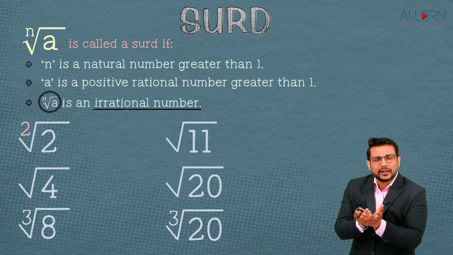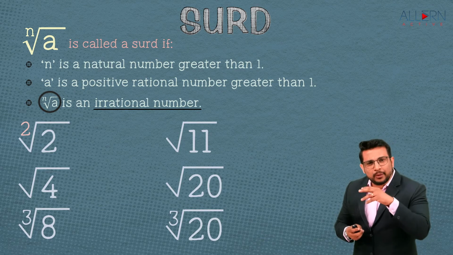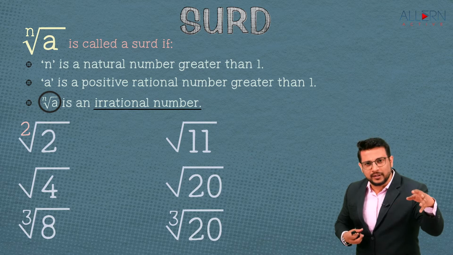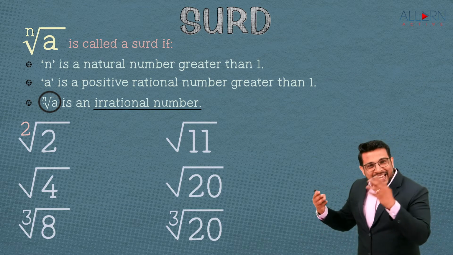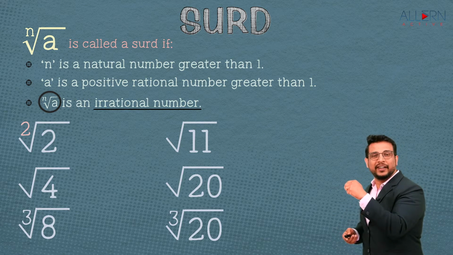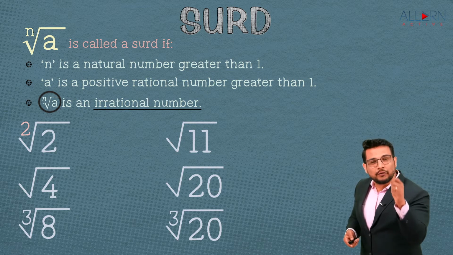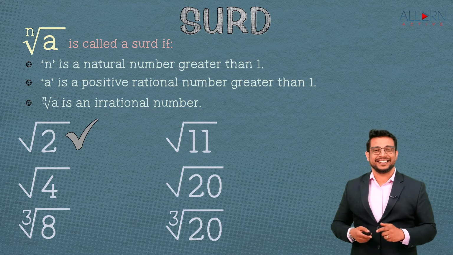It is irrational, because when you find the square root of 2 you will get 1.41 and so on. It is non-terminating and non-recurring. That means all three conditions are satisfied, so the first one, square root of 2, is a surd. Beautiful, my dear kid.